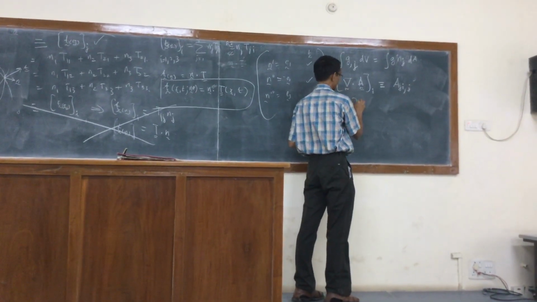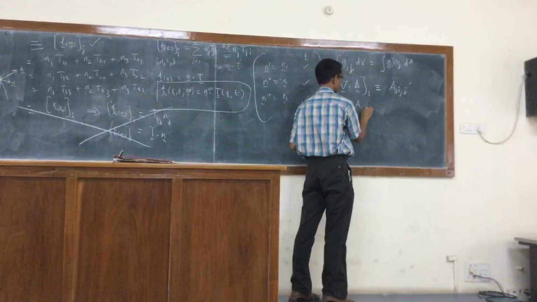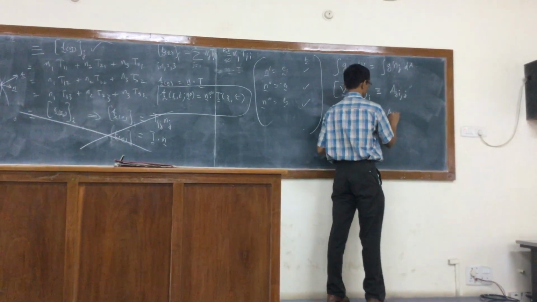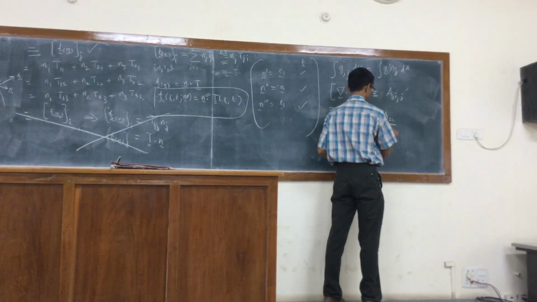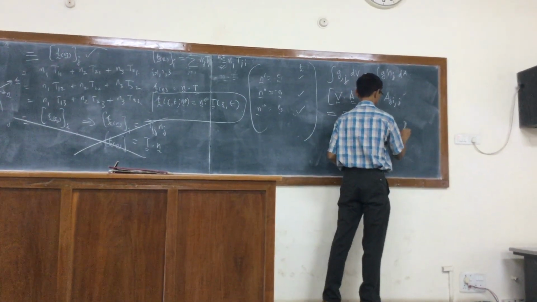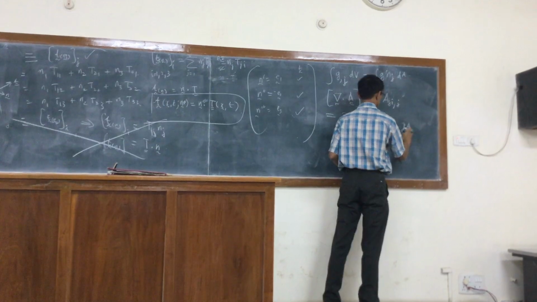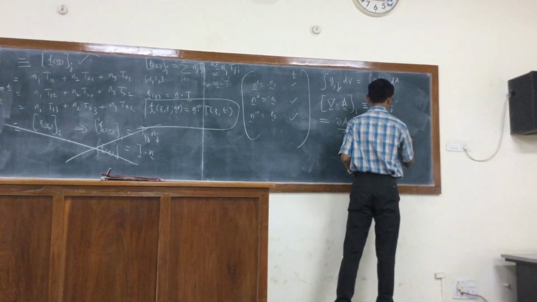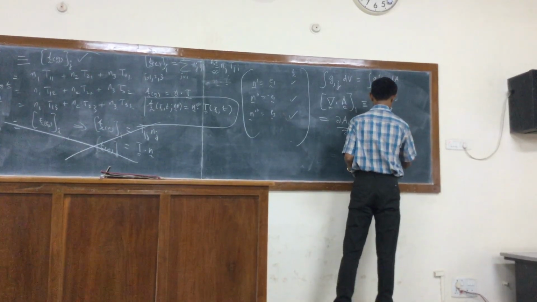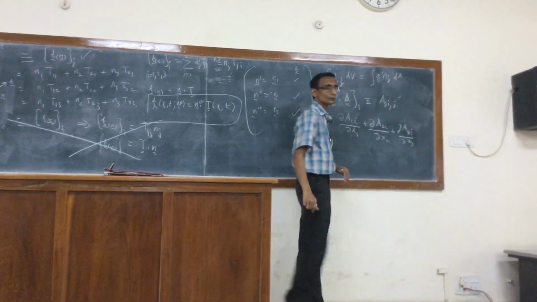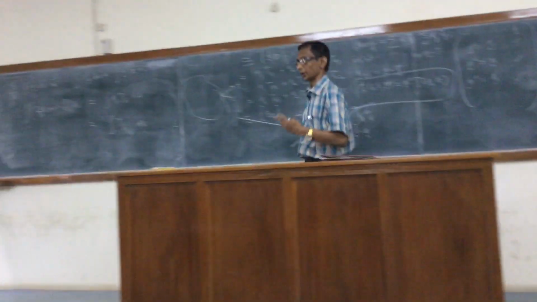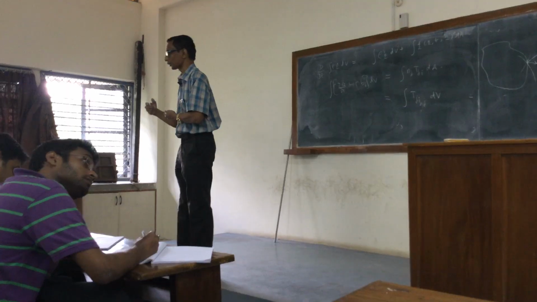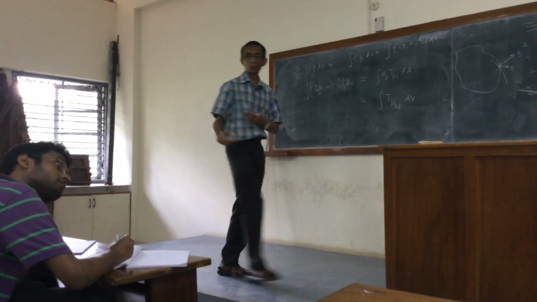So that would be dA_1i by dx_1, and so on. You can easily verify that I have written the sum correctly. The sum over j is understood, so I write j equal to 1, 2, 3.